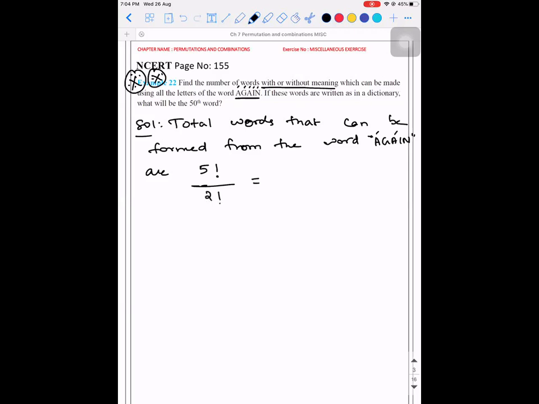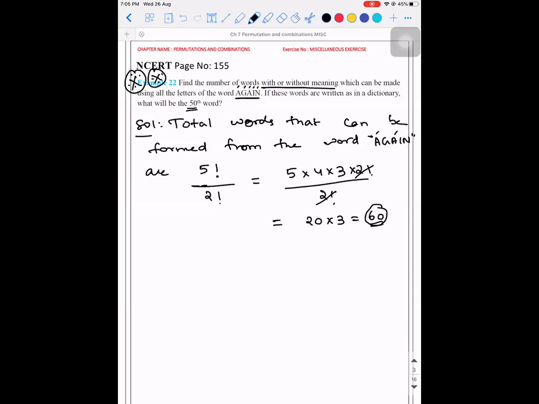So 5 into 4 into 3 into 2 factorial divided by 2 factorial. This and this will get cancelled. So 20 into 3, you can actually form 60 words. So out of the 60 words, if you arrange them in the order of the dictionary, what will be the 50th word?